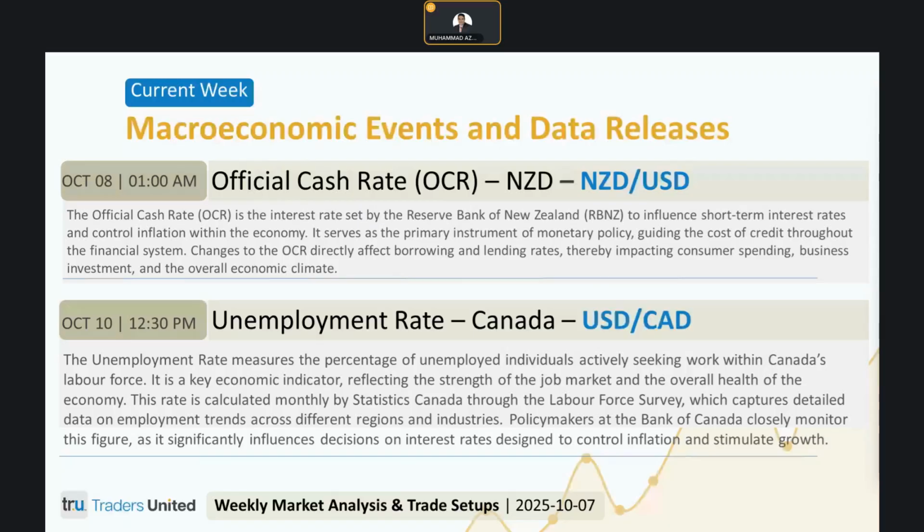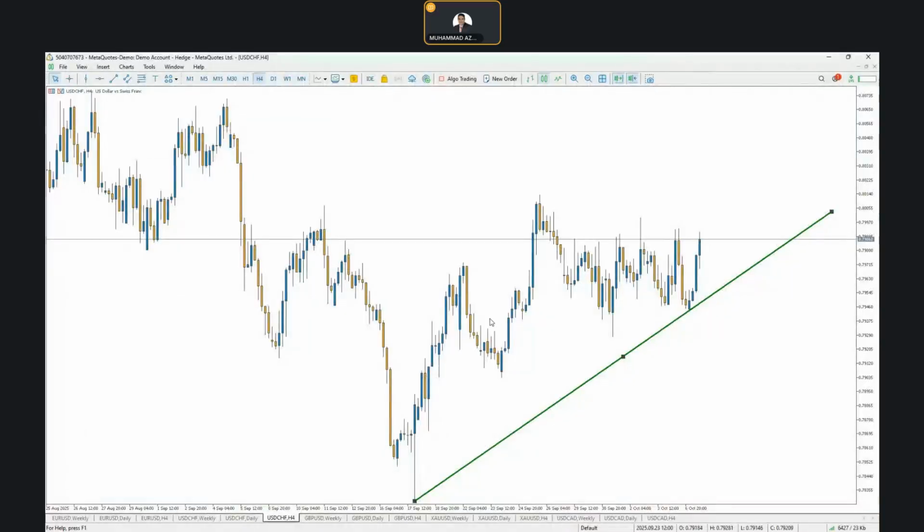A larger than expected rate cut or a clear signal that this is the first in a series would be a profound negative for the New Zealand dollar. This would trigger a sharp repricing of future interest rate expectations, sending NZD USD significantly lower. Now, if you check out the chart of NZD USD currency pair, let me show you the chart.